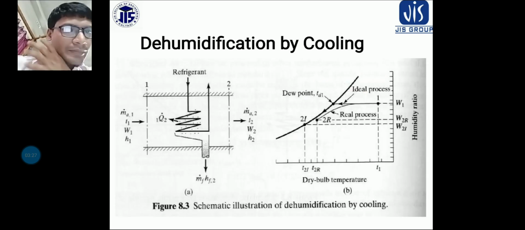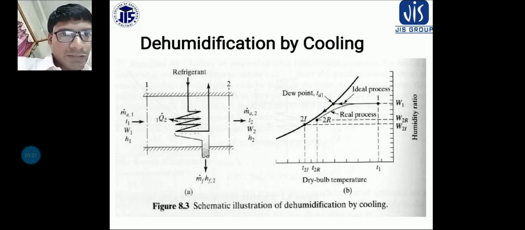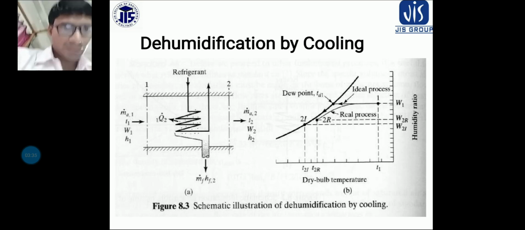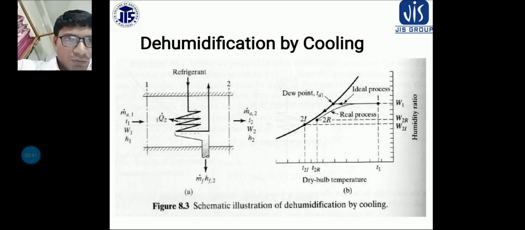Here you can see the schematic illustration of the dehumidification by cooling process. The dry bulb temperature goes from T1 to T2R.